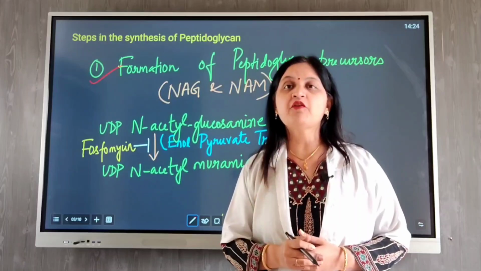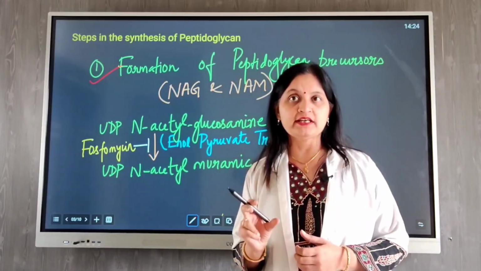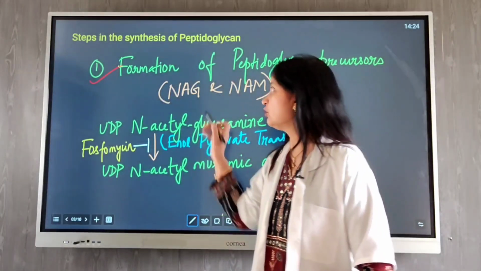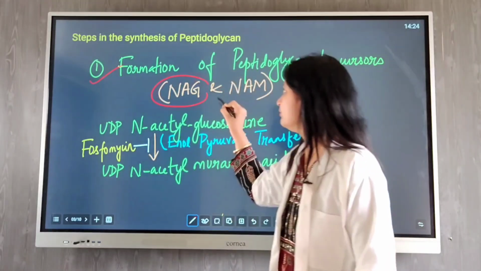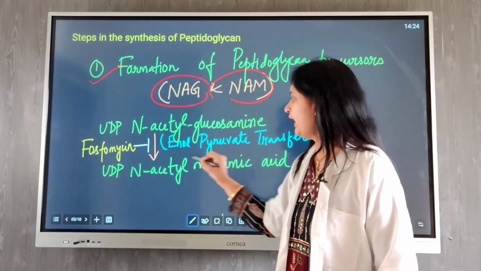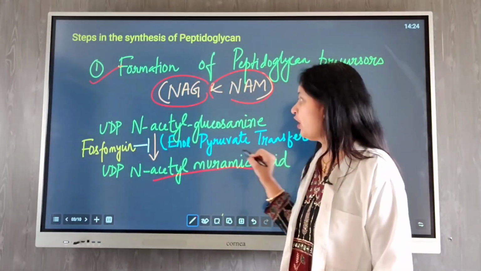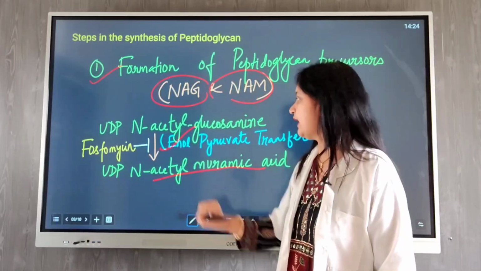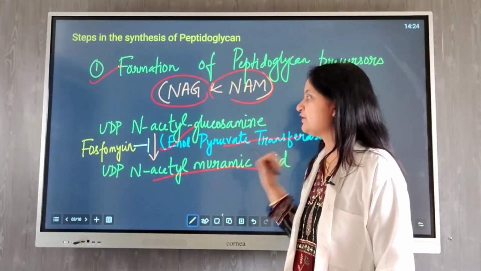The first step is the formation of the amino sugars, namely N-acetylglucosamine and N-acetylmuramic acid. N-acetylmuramic acid is formed in the presence of an enzyme, enol pyruvate transferase.